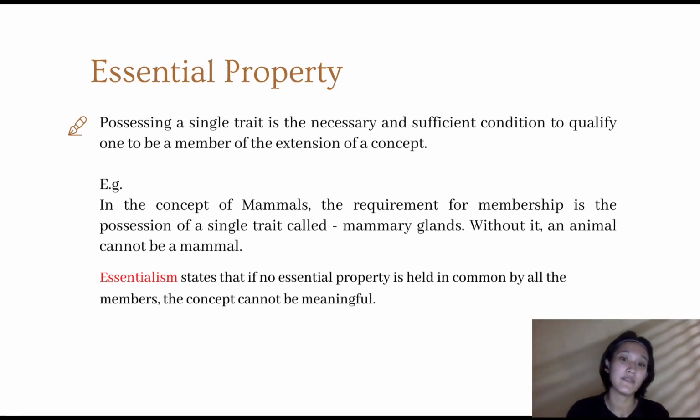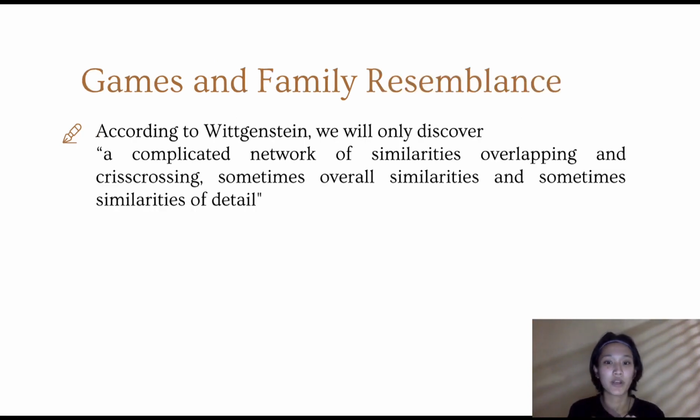Next, we have games and family resemblance. When we start looking at games, we will not find an essential property held in common by all activities we call games. According to Wittgenstein, we will only discover a complicated network of similarities overlapping and crisscrossing, sometimes overall similarities and sometimes similarities of detail.